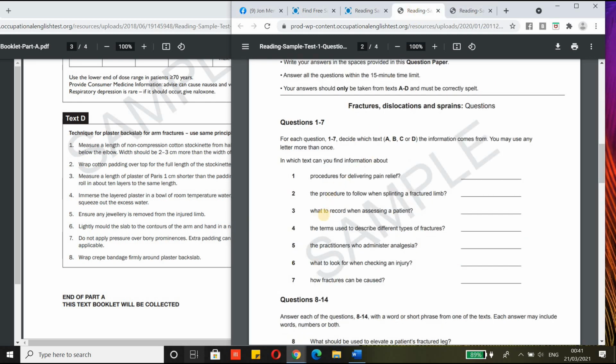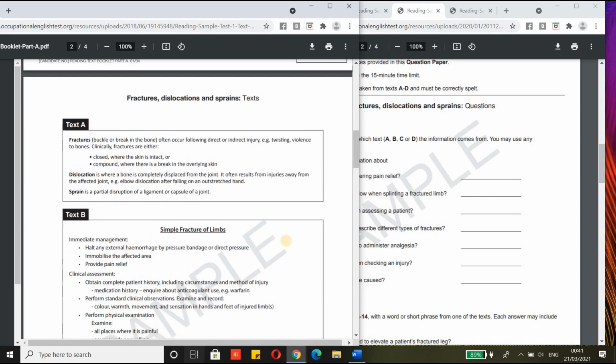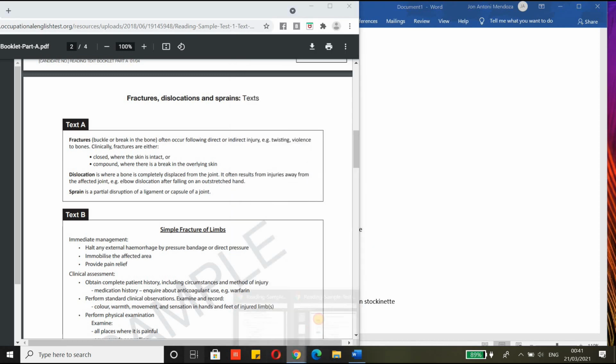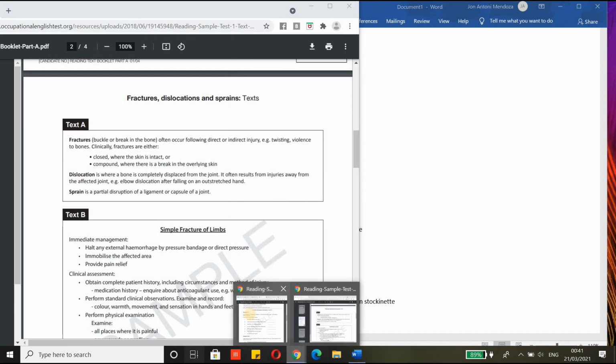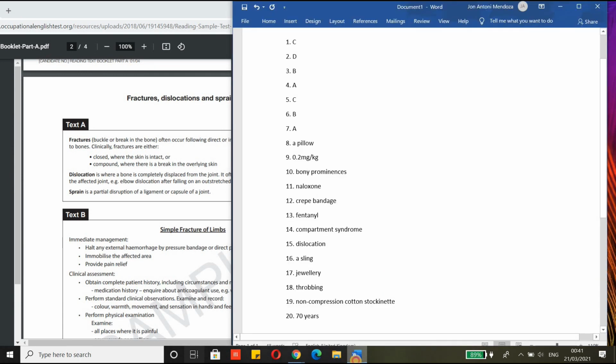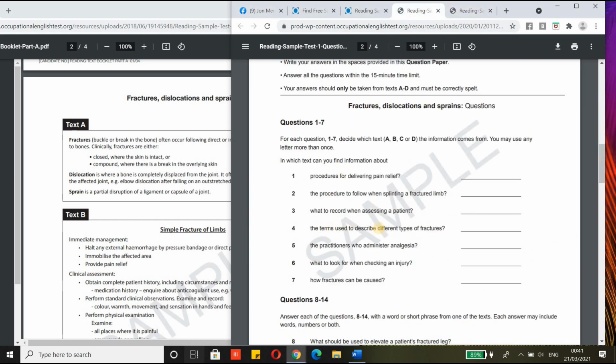Number 3, what to record when assessing a patient. So assessment part is here under text B. So I put B, and the answer is letter B as well. Yep. And then number 4, the terms used to describe different types of fractures.